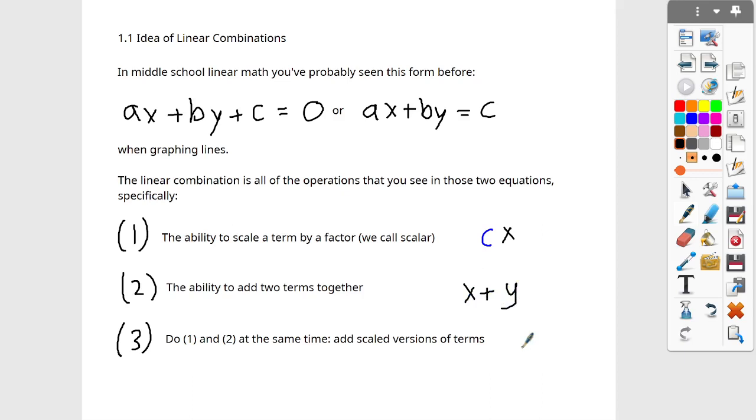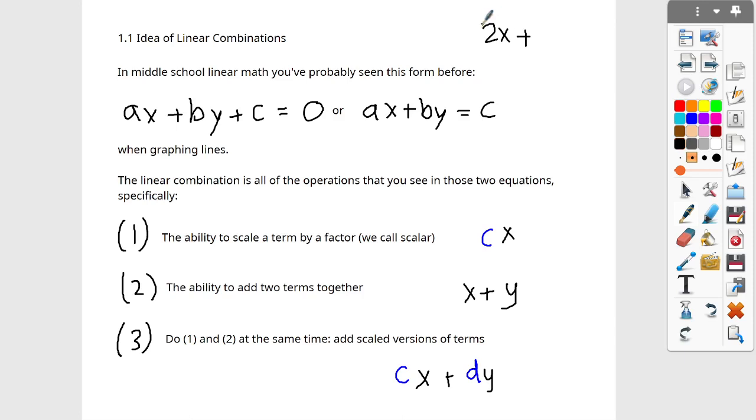And what else is allowed? You can scale and add them at the same time. So you can do cx plus dy, and that is usually what you'll see in linear equations. You will see something like 2x plus 3y equals 5. That's a linear equation.